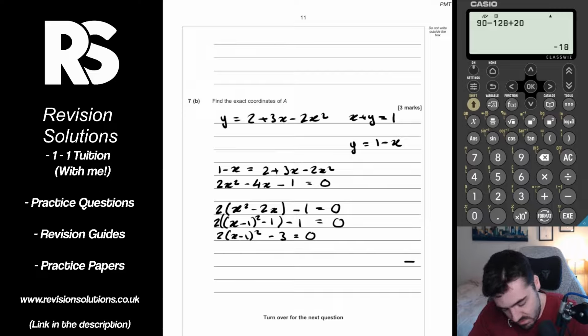Right, so moving over, we'd have x minus 1 squared, and just solving for x now. If we solve for x, we'd have 1 plus or minus the square root of 3 over 2.